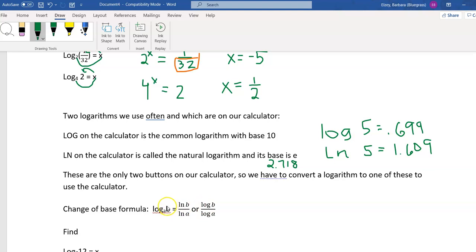But notice that this number that comes behind the log goes on top, and the number that is our little bitty base goes on the bottom. And we either use the ln or we use the log. Notice though, when you put it into the calculator, you've got to put it twice. You've got to click ln, whatever B is, divided by ln, whatever A is.